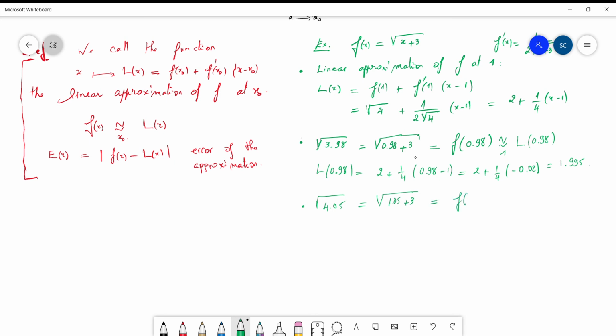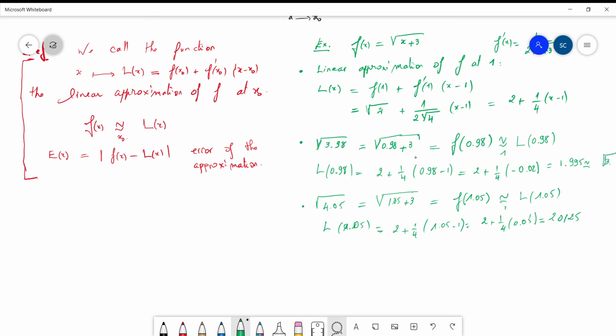So I'm looking for f(1.05), and since this value is close to 1, I can use the linear approximation. L at 1.05 is equal to 2 plus 1 over 4 times (1.05 minus 1), which is 2 plus 1 over 4 times 0.05, which gives us 2.0125.